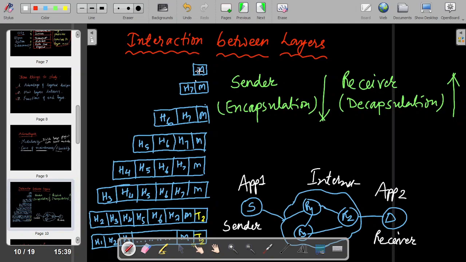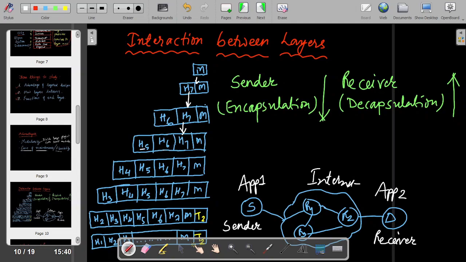Message M generated by application 1 is given to the application layer. The application layer attaches its header, we call it H7, and then the message is given to the presentation layer. The presentation layer attaches its header, we call it H6. Then this entire unit is given to the session layer. The session layer attaches its header H5.